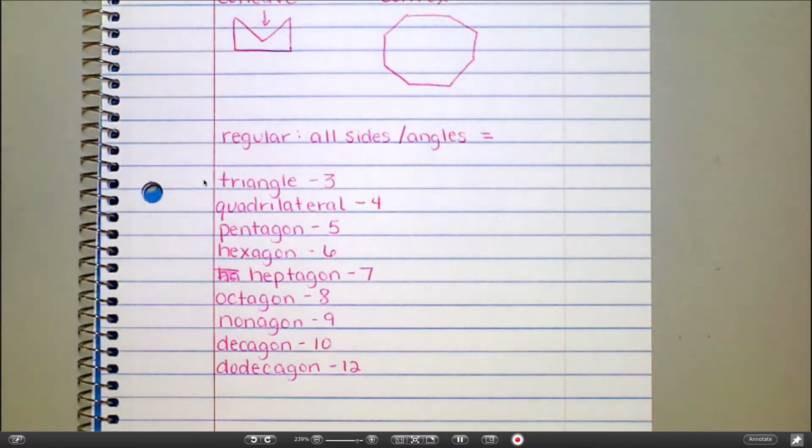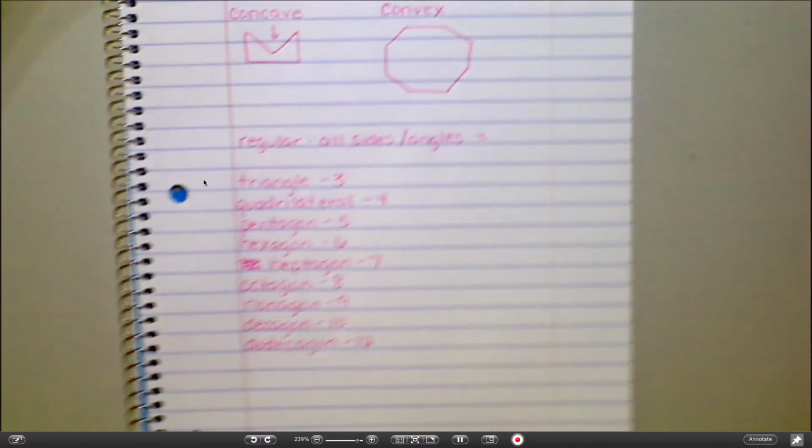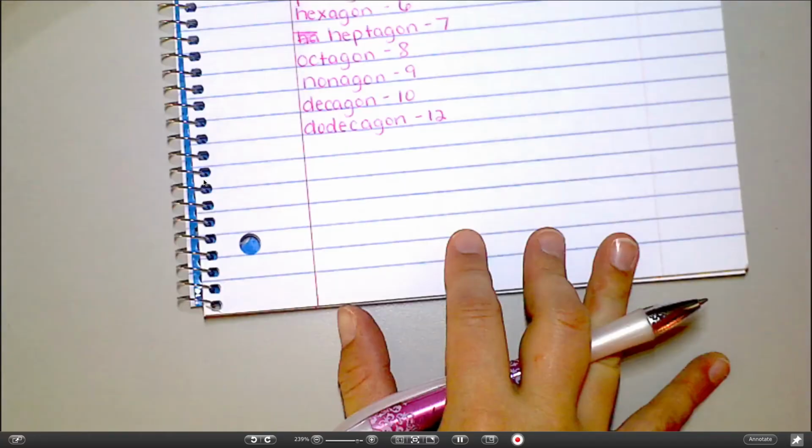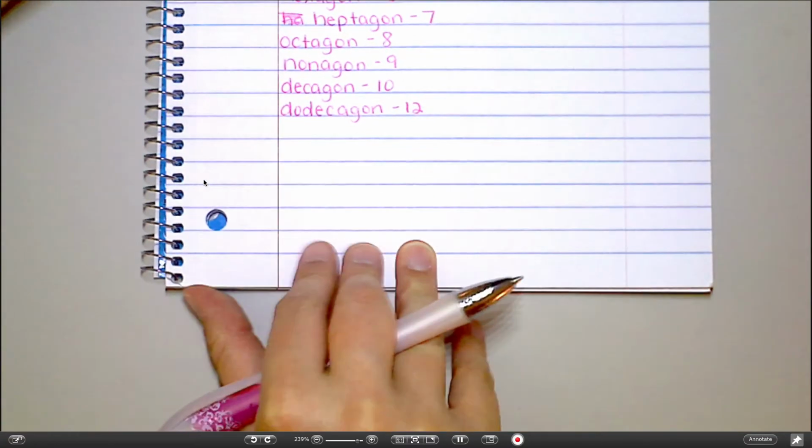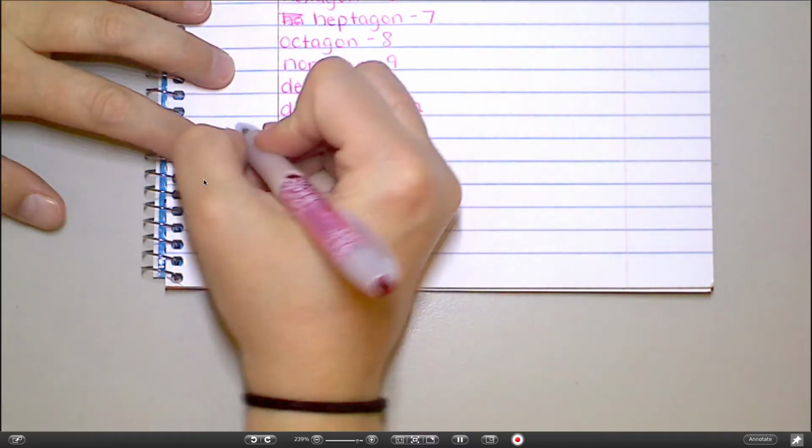Okay. One other thing we did with polygons, and this is the part that I think you probably really need to review on. Guys, everything good? We talked about how to find the sum of the interior angles.